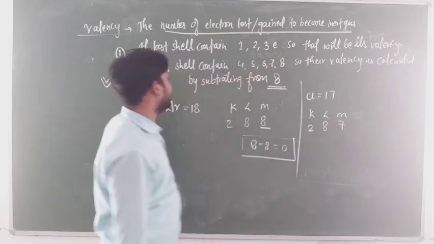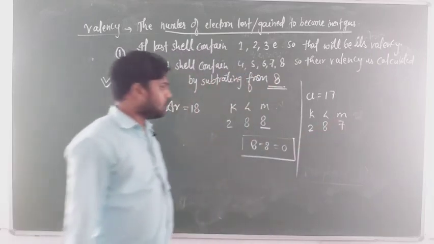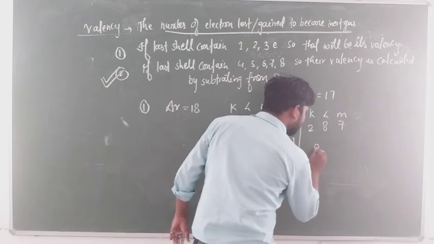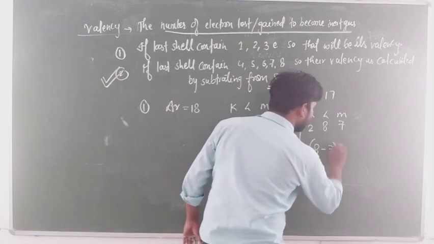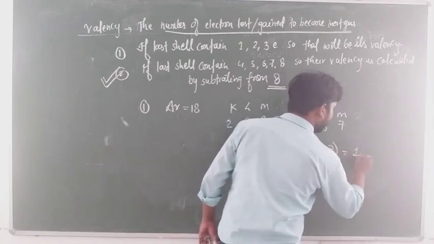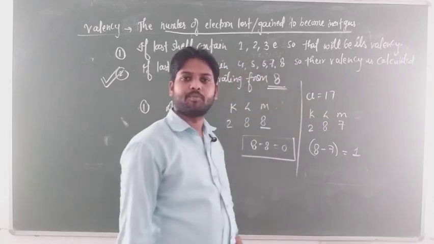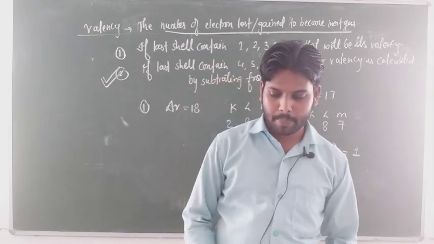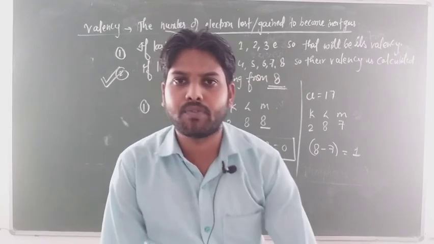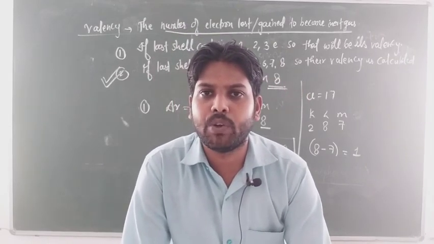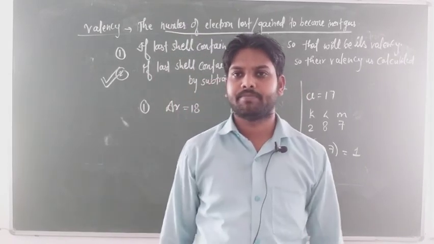Again this rule is applied. So we subtract 7 from 8, and the valency will be 1. Clear, students? So with the help of this, you can easily calculate its valency.